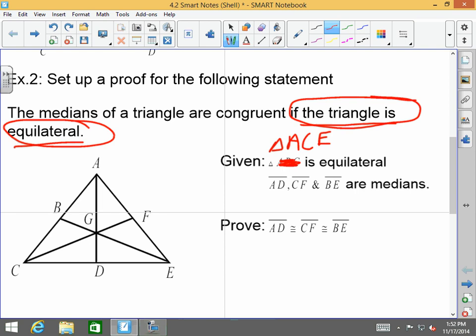Division property. You would say AB is congruent to BC, definition of median. CD is congruent to DE, definition of median. EF is congruent to AF, definition of median. You could put that in separate steps or all in one step, whatever you choose. And then you could say AB is congruent to BC, is congruent to CD, which is congruent to DE, which is congruent to FE, which is congruent to AF, because of the division property.